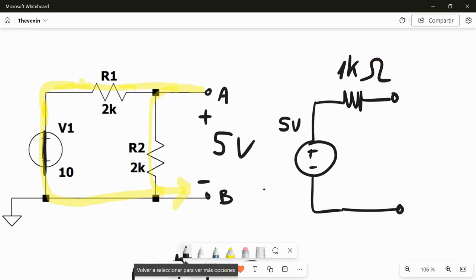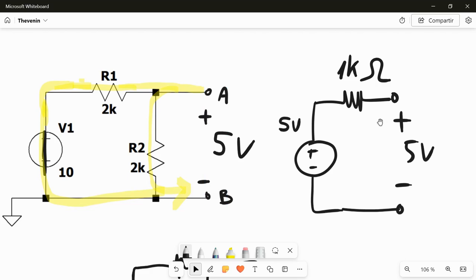We have here 5 volt if we connect no other resistors on this side, and if we connect a multimeter between point A and B of this circuit and measure the ohms between A and B, we will find out that we measure 1 kilo. And if we measure the voltage between A and B, we will find out that it is 5 volt, which is clear from this drawing, and here we just simplify this.